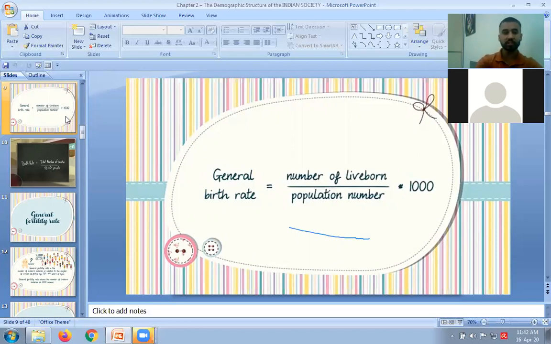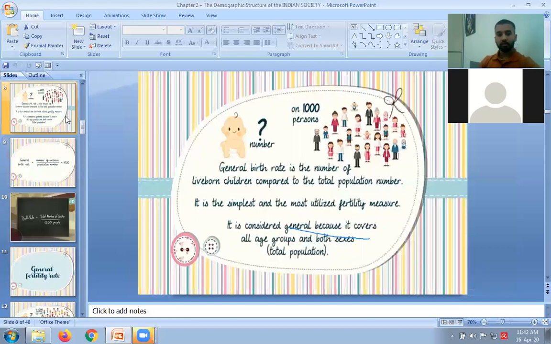Look at my cursor. So remember, there is a population of 1,000 persons, and out of these 1,000 persons, how many children are born is what the crude birth rate is all about, right?